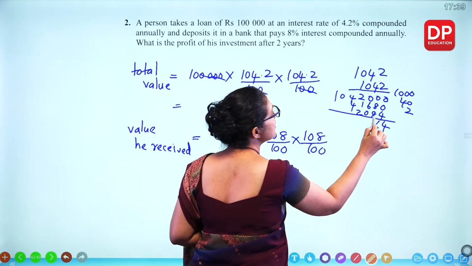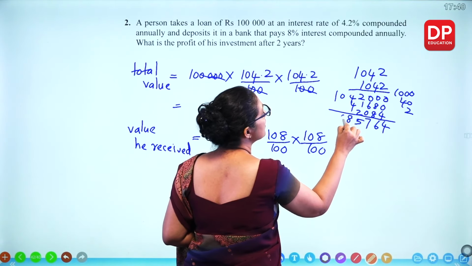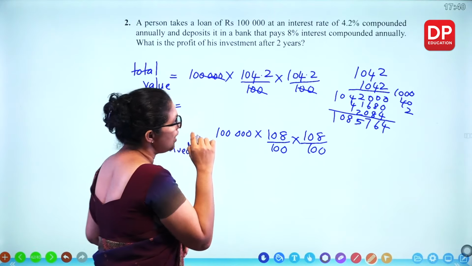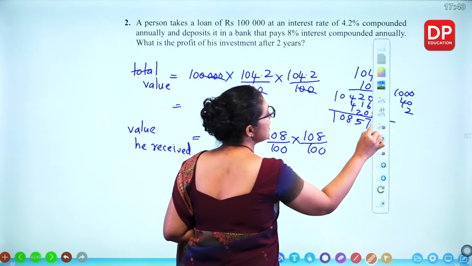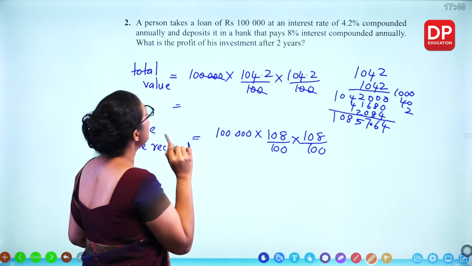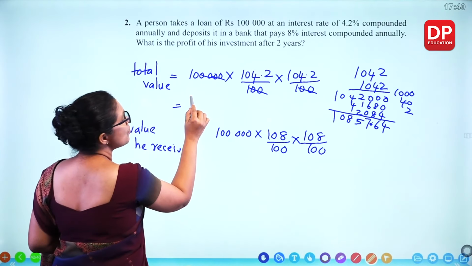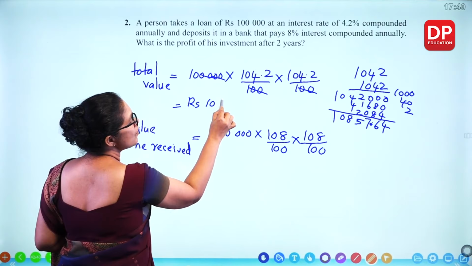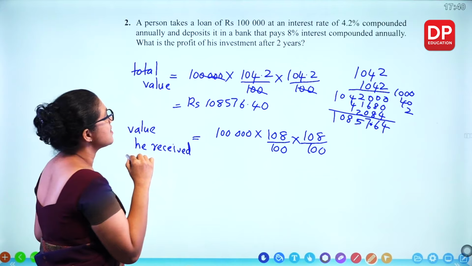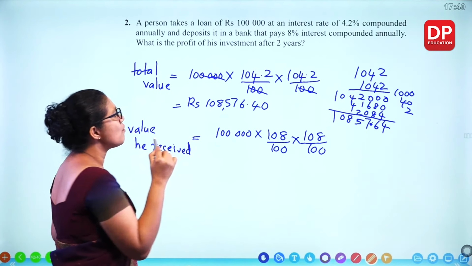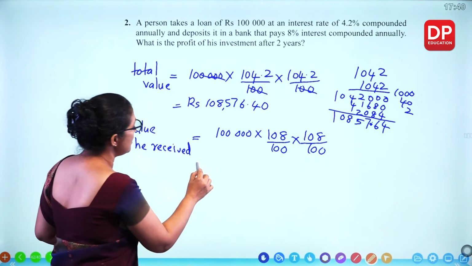So you get this value, and how many places you have to keep? 2 places here, and then multiply by 10 again. So multiply by 10 again, you get 108,576 and 40 cents. So 108,576 and 40 cents.